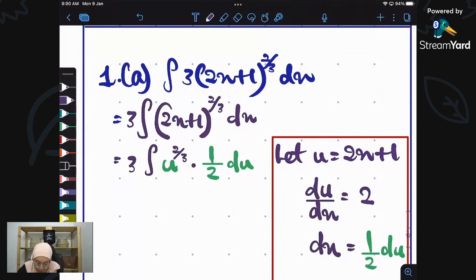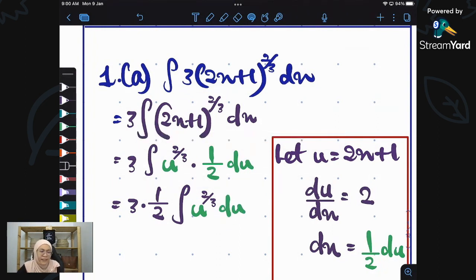Now, what I can do next is bring the 1 over 2 outside. Inside we'll be left with u to the power of 2 over 3 with du together with it. I just simplified these things, okay? And then I will get 3 over 2 in a bracket of u to the power of 2 over 3 plus 1, which is 5 over 3.